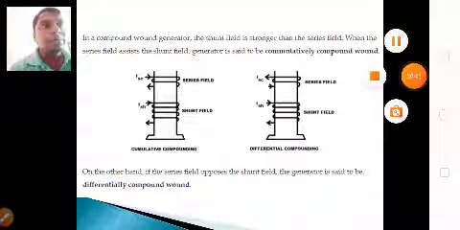The armature current is IA equal to ISH plus IL. The voltage across the load is V equal to Eg minus IA RA, where we write IA as ISH plus IL, minus the ISC RSC drop. The power generated is P equal to Eg into IA. The power delivered to the external load is PL equal to V into IL.